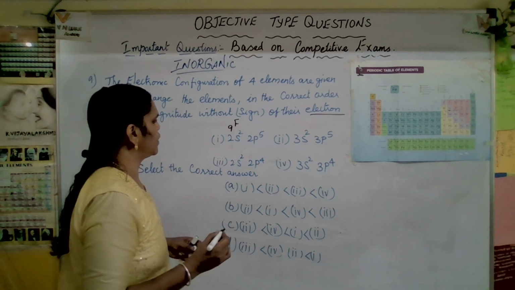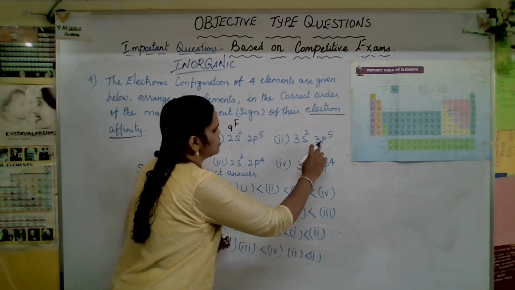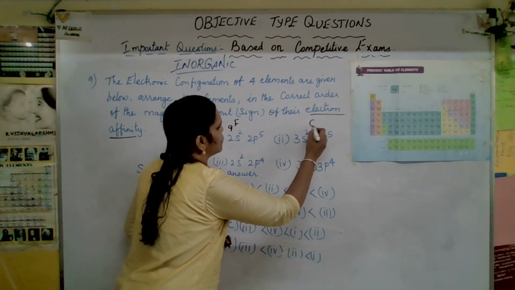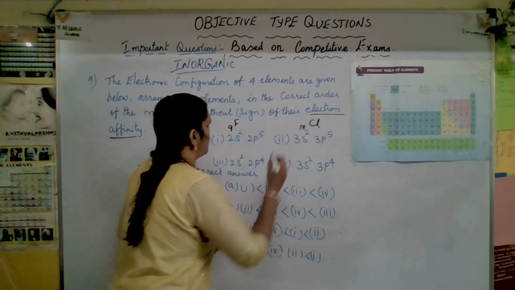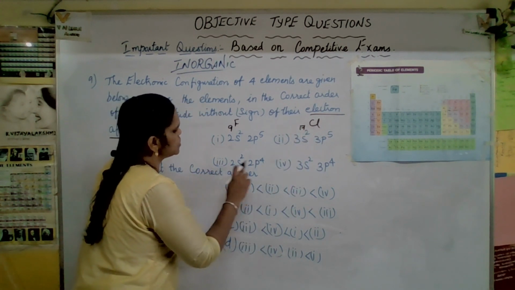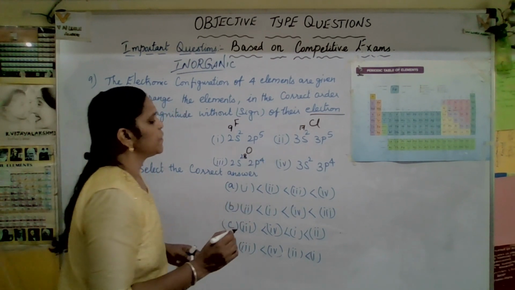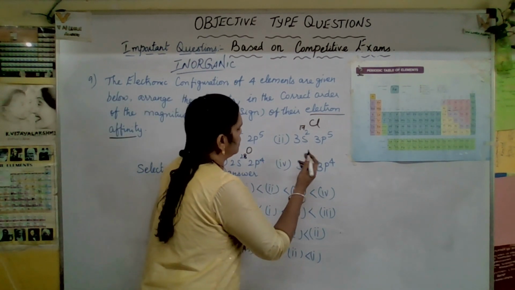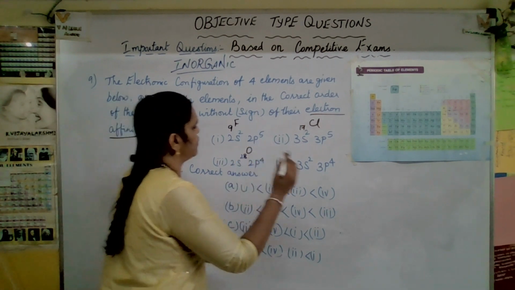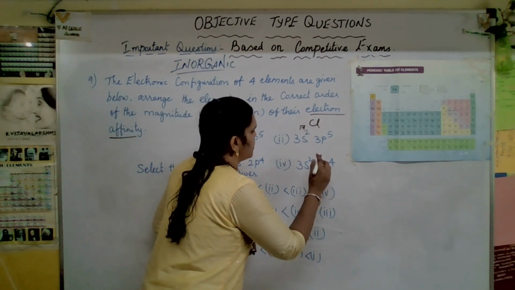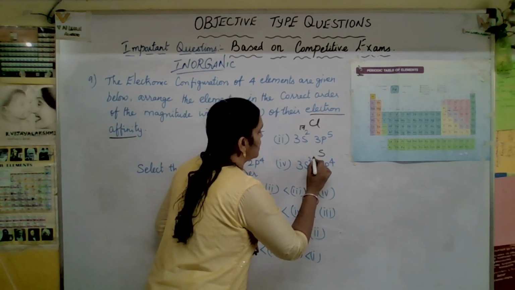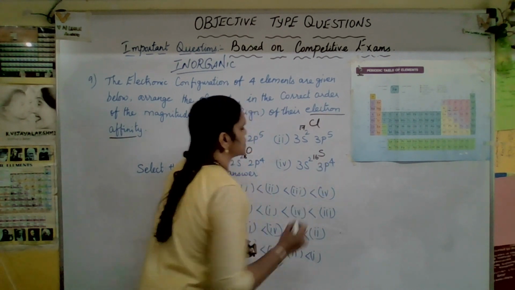Now 3s2 3p5 is chlorine, atomic number 17. And here 2s2 2p4 is oxygen, atomic number 8. And 3s2 3p4 is sulfur, atomic number 16.